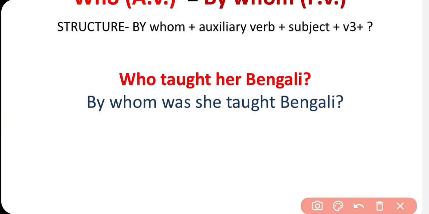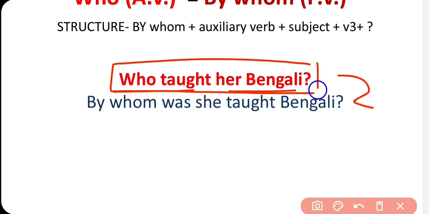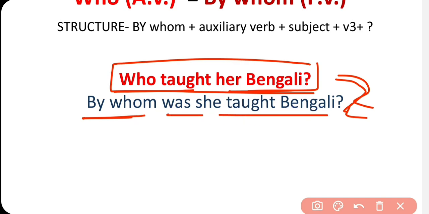So here I have given an example. So who taught her Bengali? So what will be the passive form of this active sentence? So by whom was she taught Bengali?